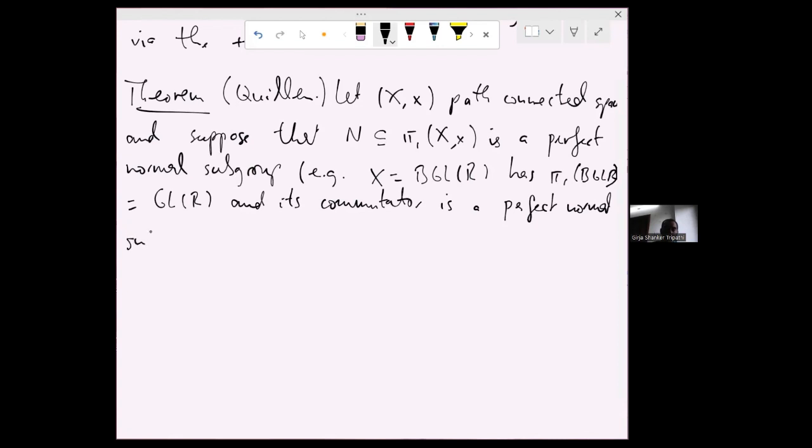So this is the case in which we would be interested, but the result is true topologically in greater generality. So we have a perfect normal subgroup of pi1. Then the result is that one can modify this space to get the following.